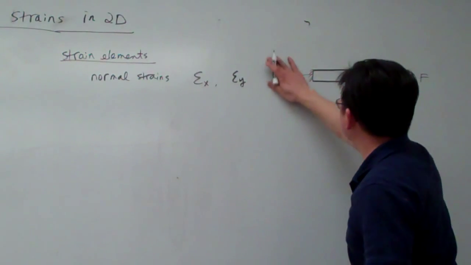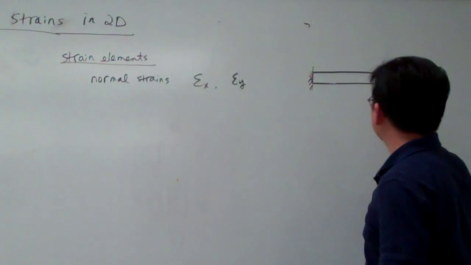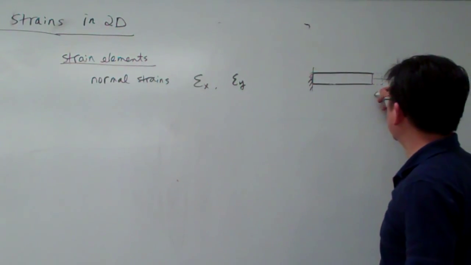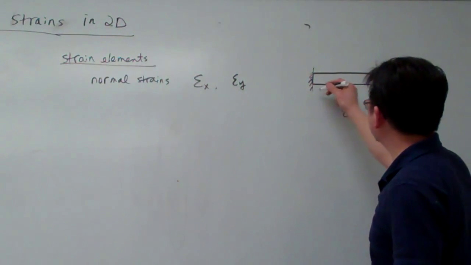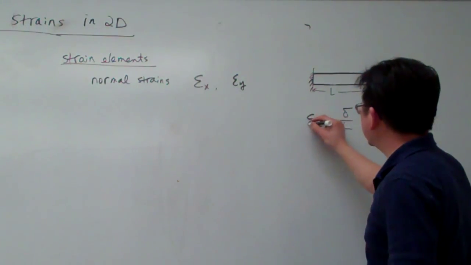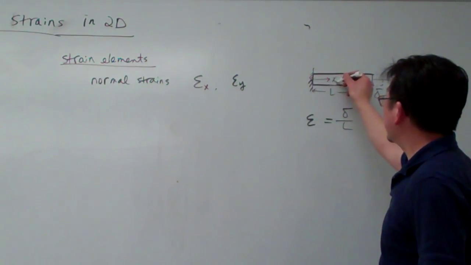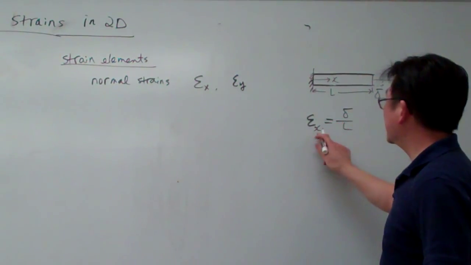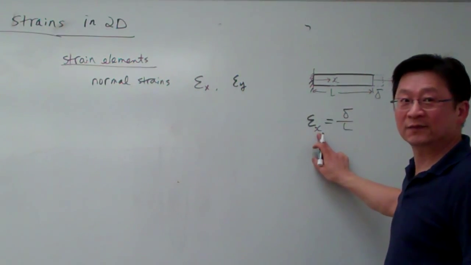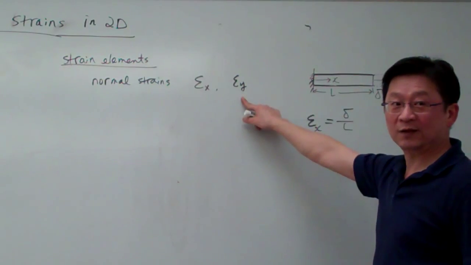If we fix here, this is the deformation, called delta. Delta divided by the original length is the strain. If this is our x coordinate, this is the normal strain in the x direction. And vice versa, we have the same reasoning in the y direction.